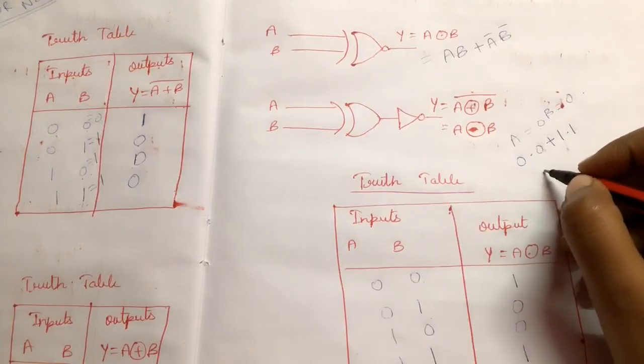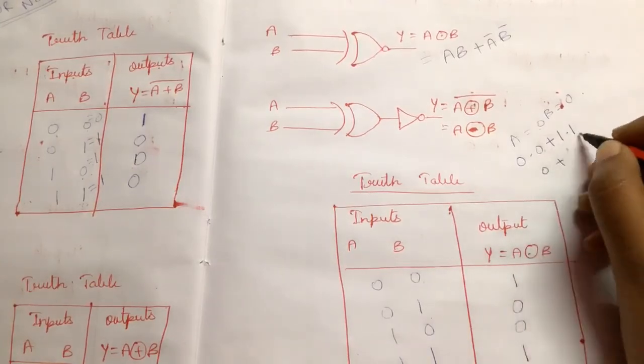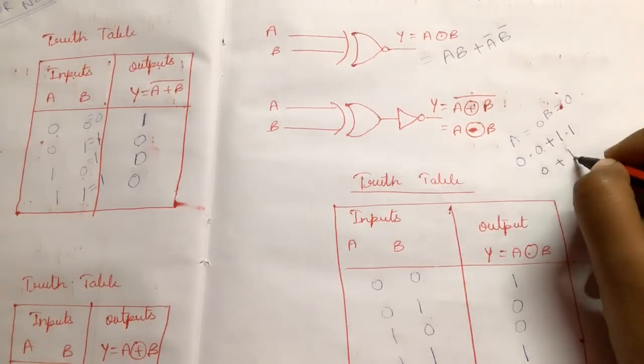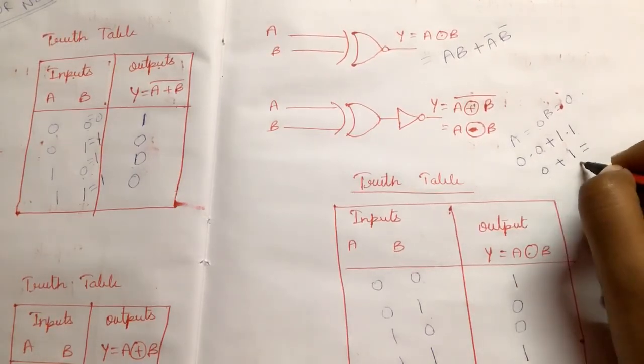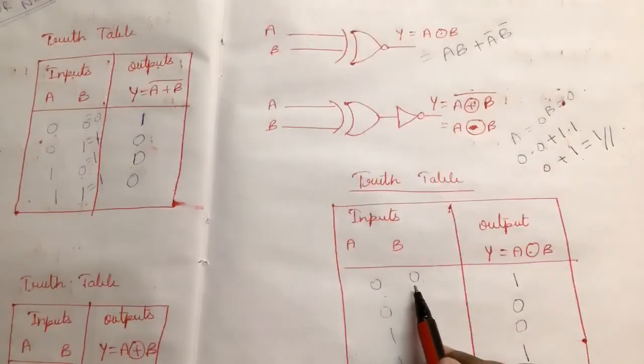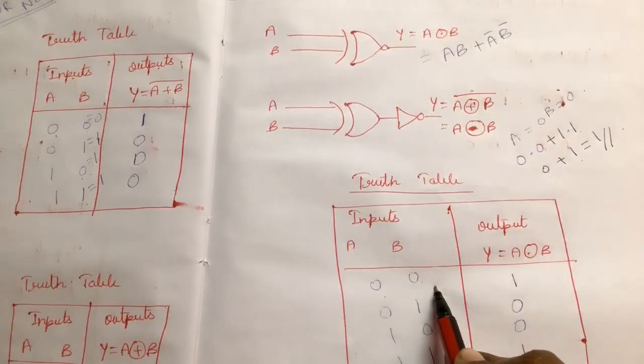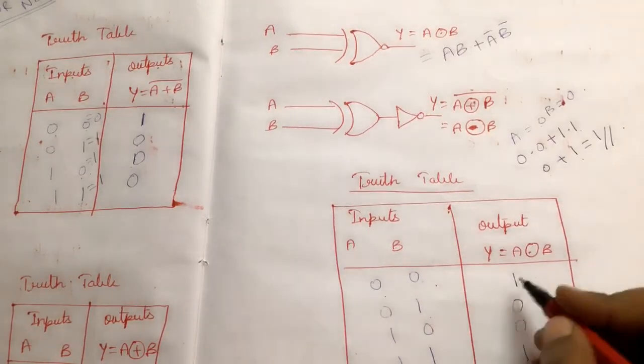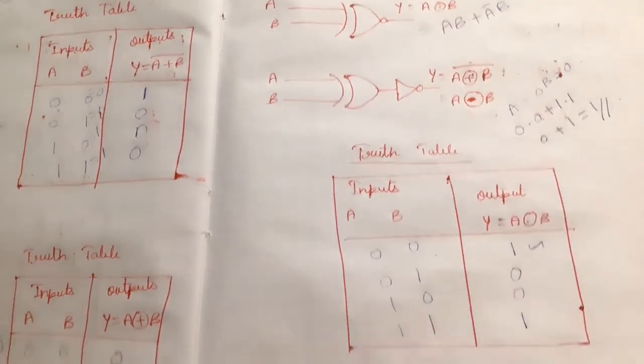So 0 into 0 is 0, plus 1 into 1 we will get 1, and 0 plus 1 we will get 1. So this is the output. So we have got 0 XNOR 0 as the output 1. You can try this for all the combinations.